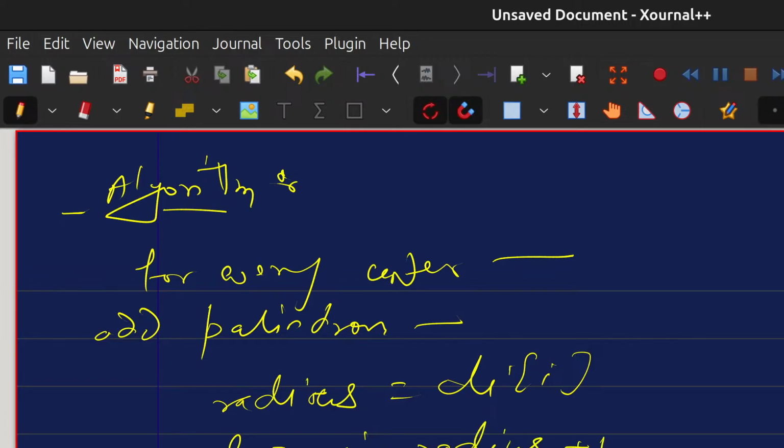R is equal to i plus radius minus 1, right? This is the longest palindrome at this center. Okay, like that.